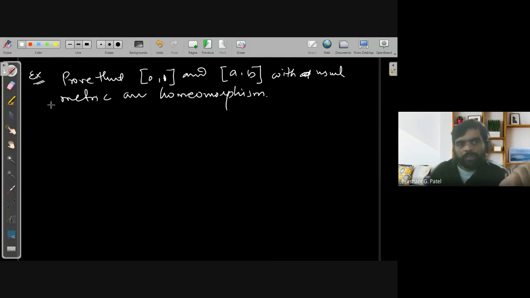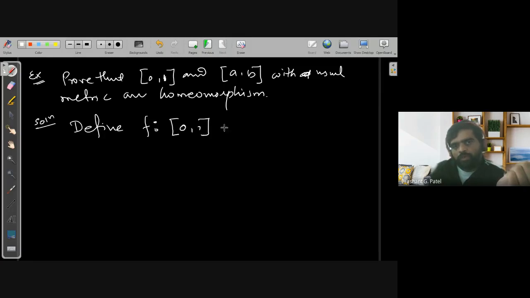So can somebody give me that function? Define a map f from the closed interval [0,1] to [a,b] as follows.